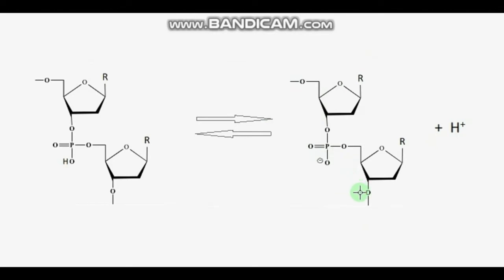And it turns out that the midpoint, where you've got roughly equal amounts of both, is at a pH of around 2. The pH is a measure of the H+ concentration, and around pH 2 you're at the midpoint of this equilibrium.